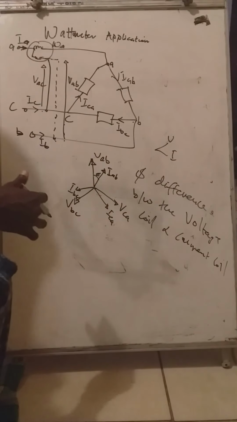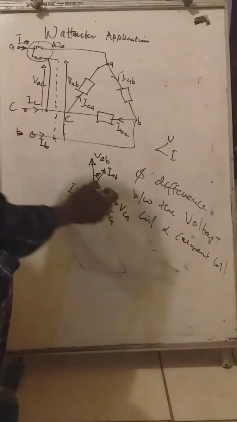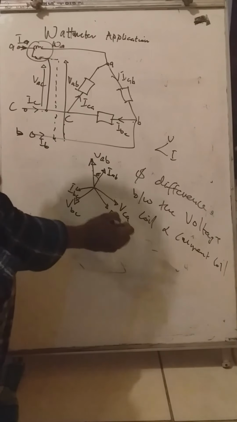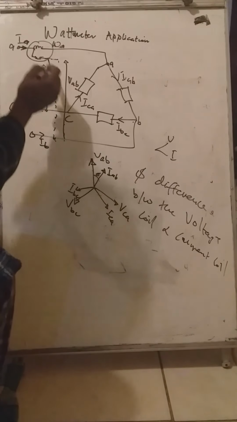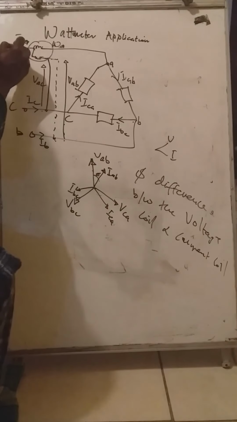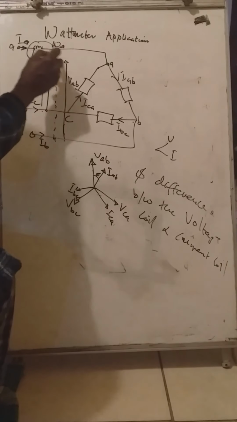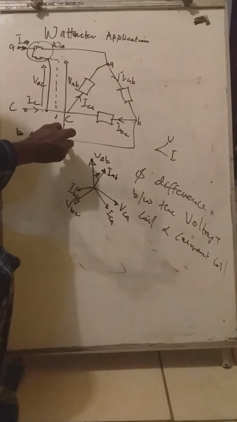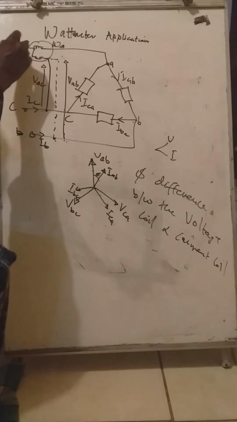The difference between the voltage and the current: IA is our current, while VAB is our voltage. IA is the current flowing through.